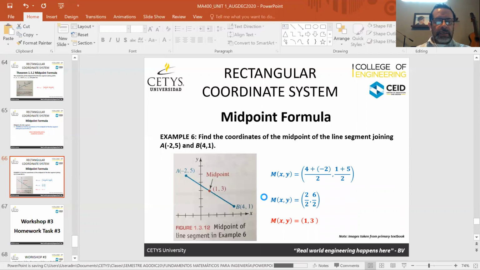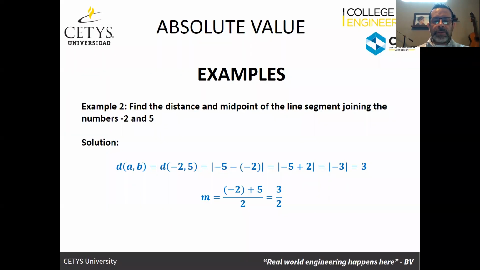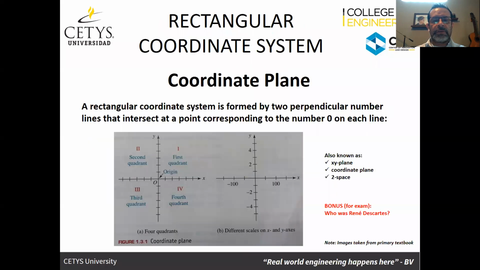And so if we go back here to the presentation, then we do the calculations, which were the ones we did previously. And now let's talk a little bit about the coordinate plane.